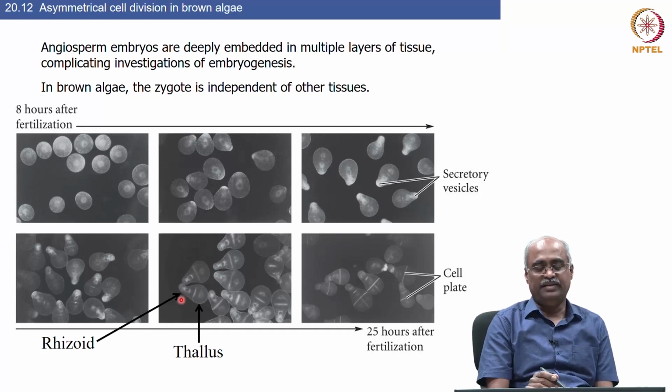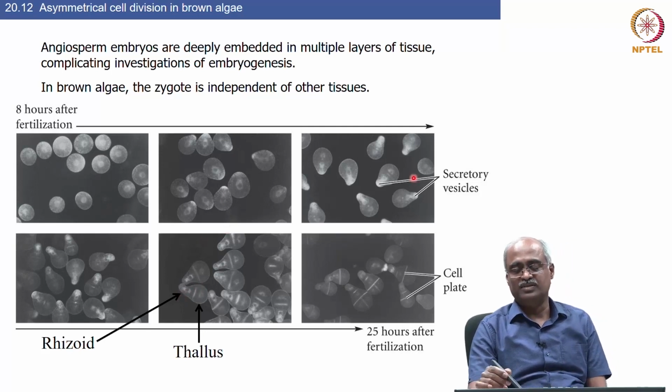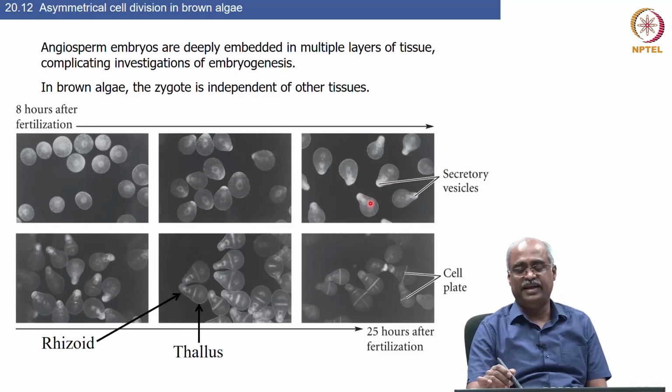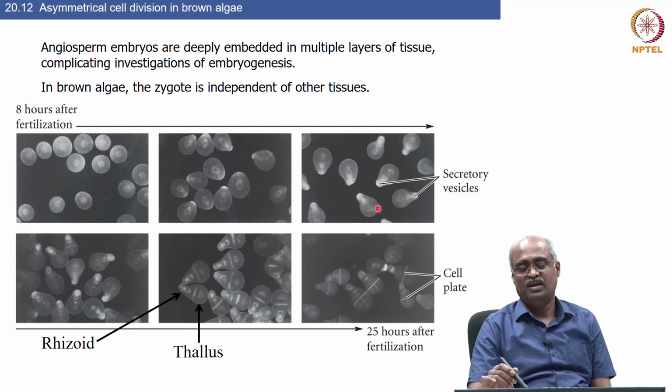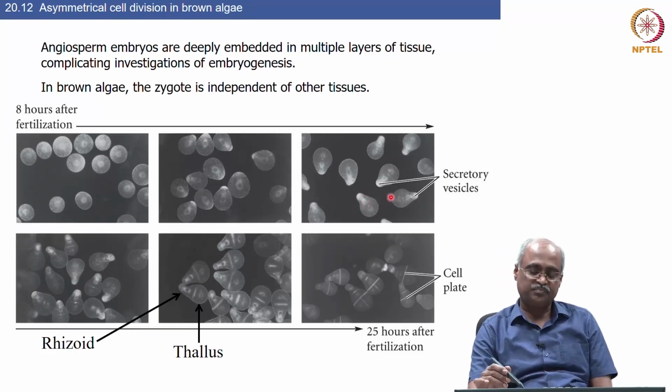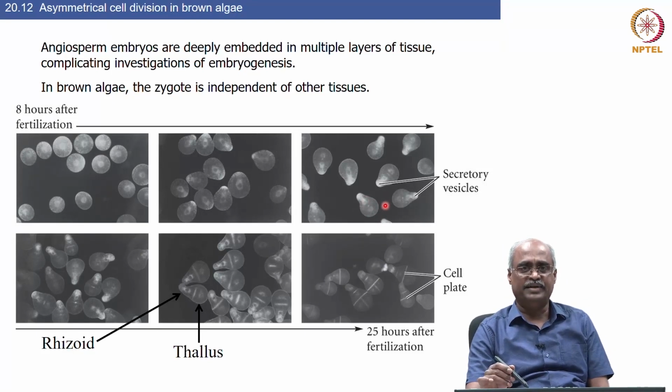Okay, and that starts to form, and you can see the secretory vesicles, the white colored thing, moving asymmetrically towards this rhizoid end, not to the other side. And these secretory vesicles carry cell wall components that are distinct and unique to the rhizoid, and that is how the rhizoid forming cell is distinguished from the other one, the shoot equivalent, called the thallus.